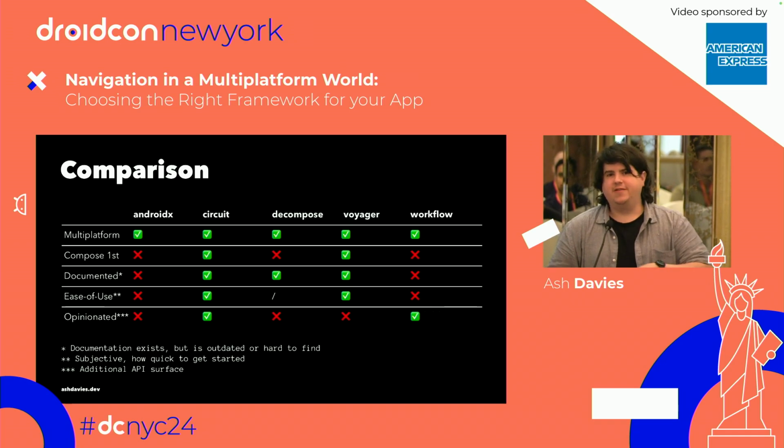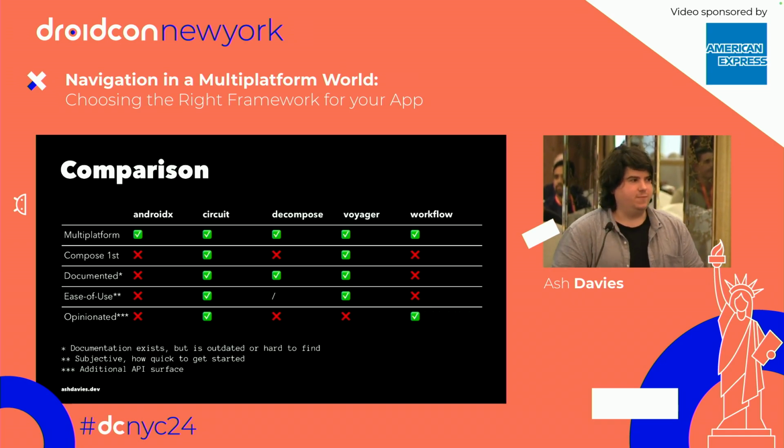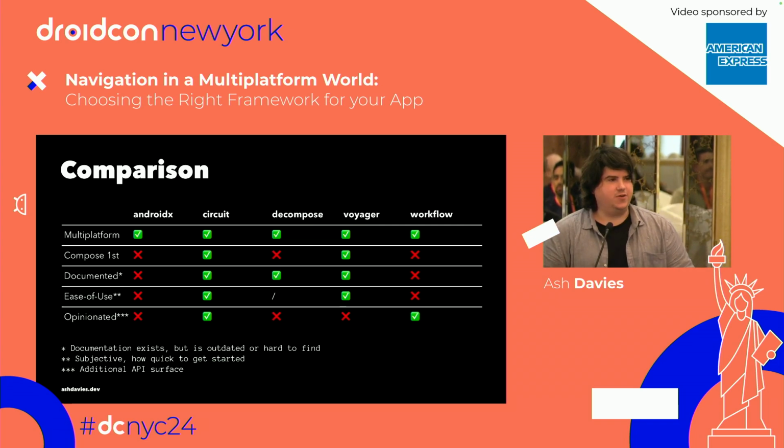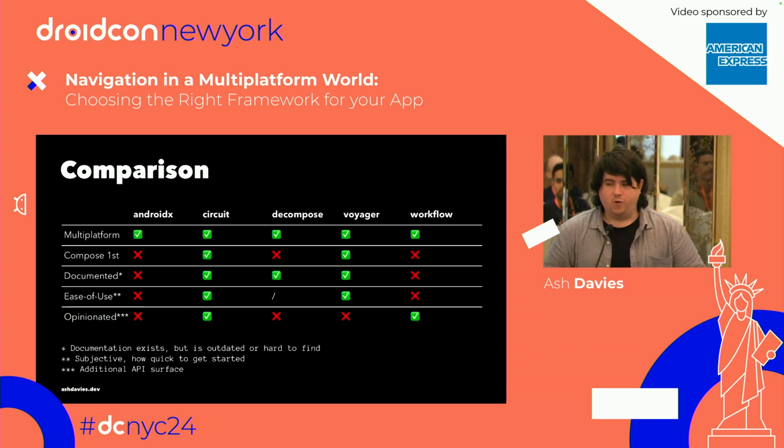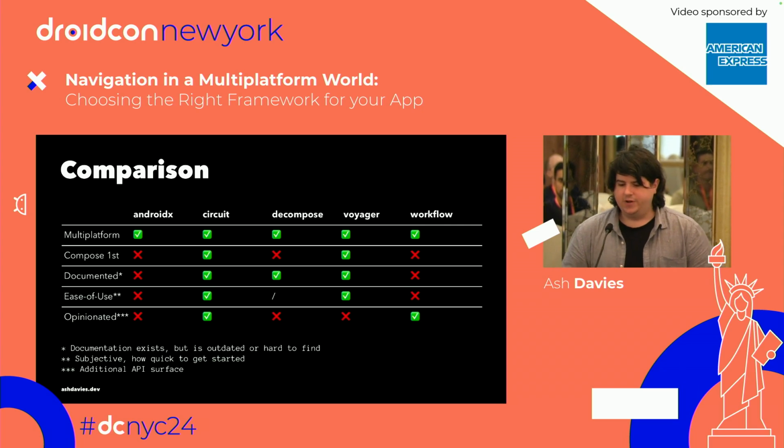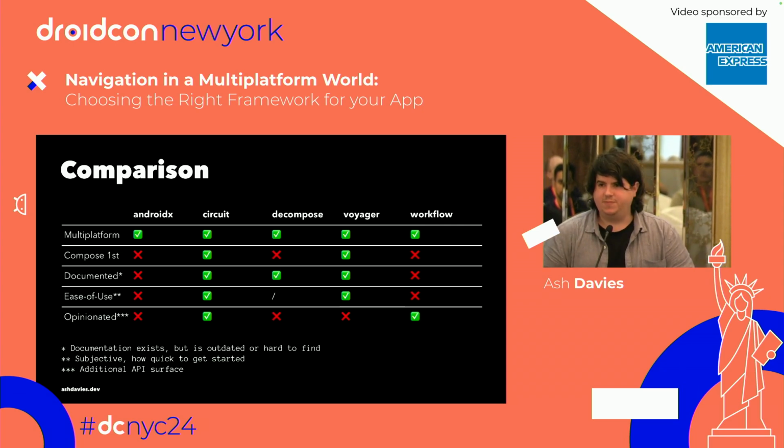So I tried to make a comparison of these different libraries of like what their strengths are and what their drawbacks are. But truth be told, it's kind of a subjective metric. A lot of these things are based upon idiomatic code features, how things are nice to use as a developer. There are, of course, some strong points about using Compose and having like a good architecture, but I couldn't tell you that one has particularly good performance, for example.